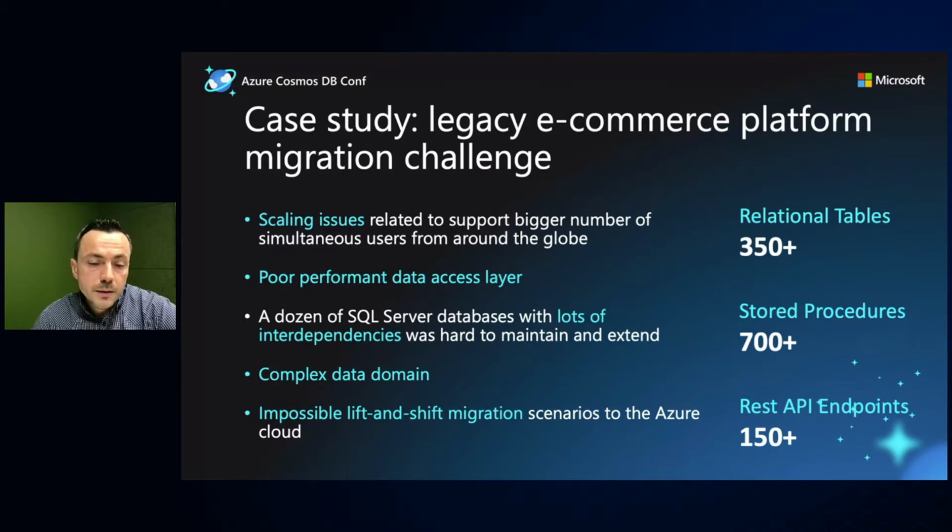But as I said, it was not a trivial and straightforward task because of the really big complexity on the database level. You can see some numbers on the right side: more than 300 different relational tables, a lot of stored procedures, and a lot of backend logic implemented as REST API endpoints. All of that should have been migrated to Cosmos DB.